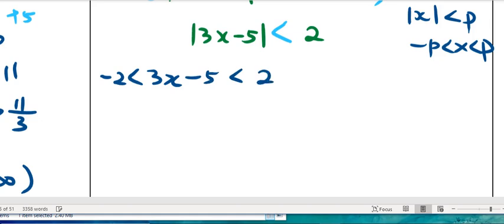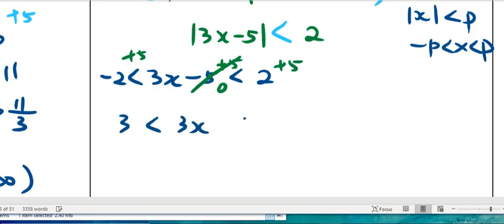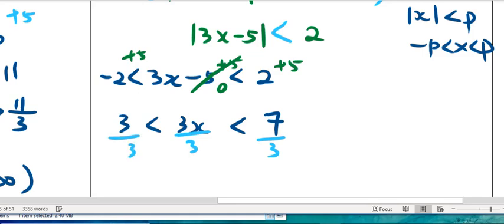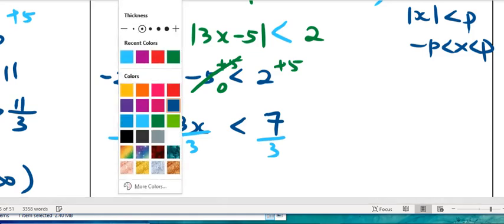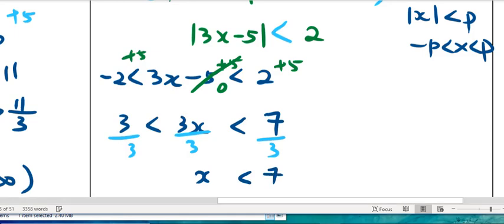Simplify first. To get rid of the negative 5, you have plus 5. So you got 3x, and here you got 7. Then how to get your x back? Divide by 3. So you will have x, this is 1, and 7 over 3.